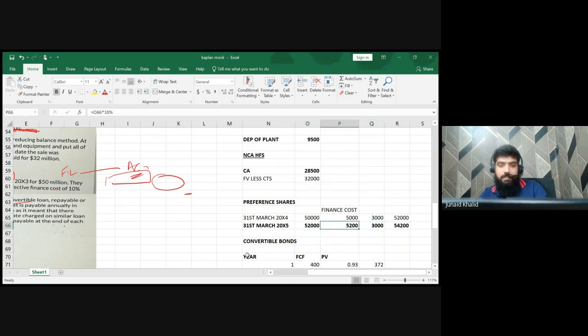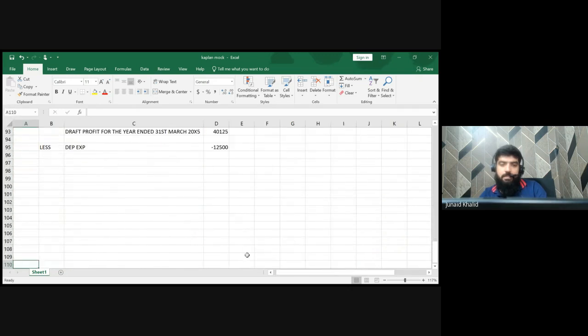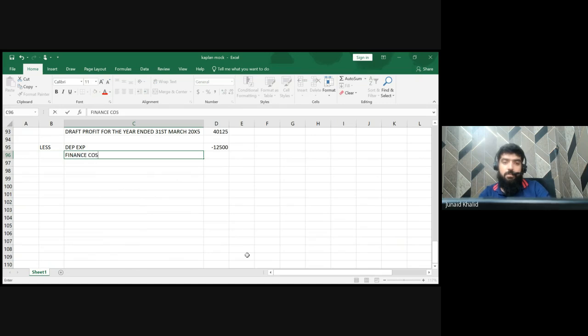It's P66. So finance cost, it's P66. And this finance cost is related to preference shares.